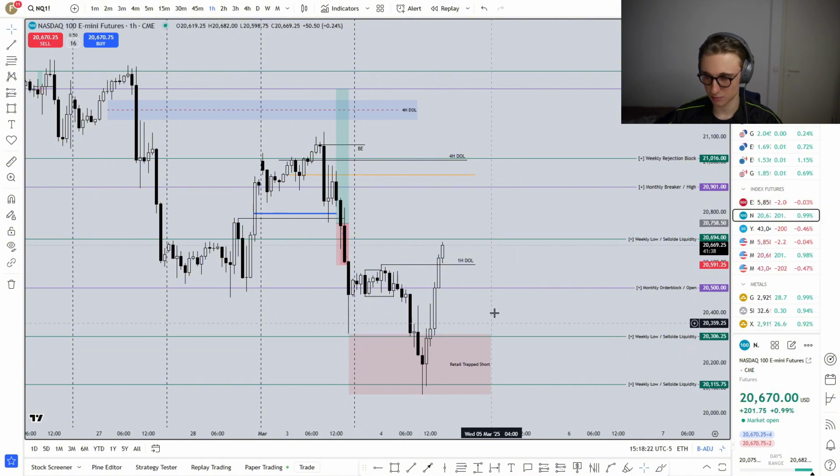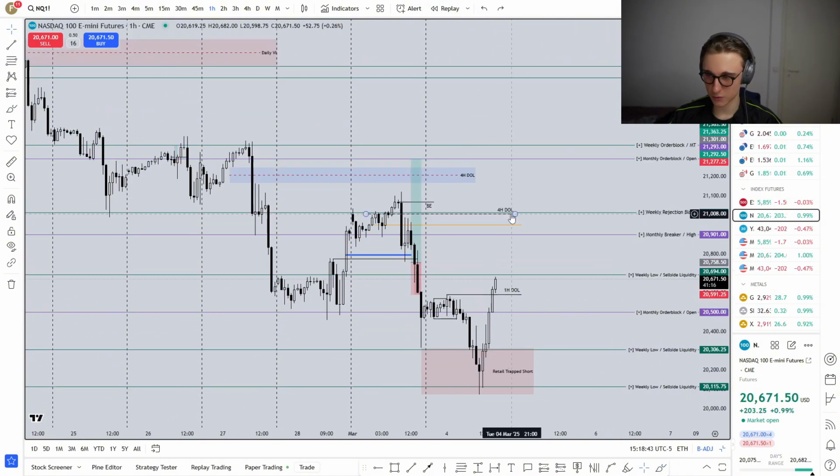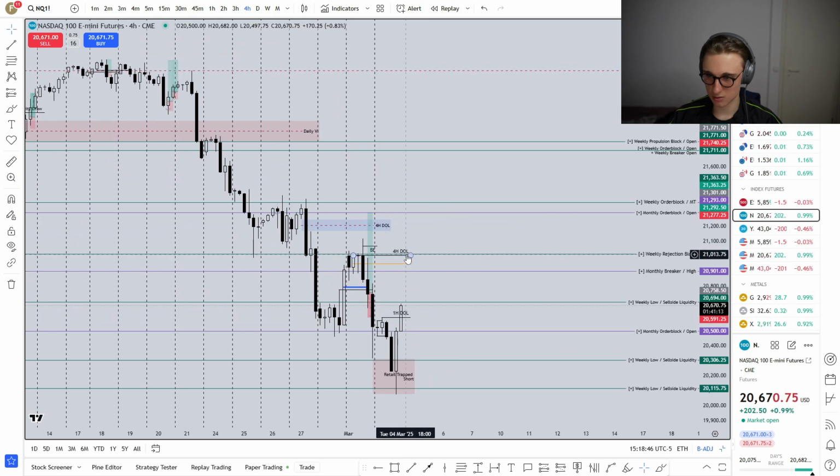If we are bullish, I don't want to see the market trace back here into this range, because I think we have retail, which shorted the whole breakout and now are trapped short. Of course, open float liquidity, first stops would be resting above this high, which we had outlined as a 1 hour drawn liquidity. Four hour drawn liquidity is the 4-hour rejection block right here.